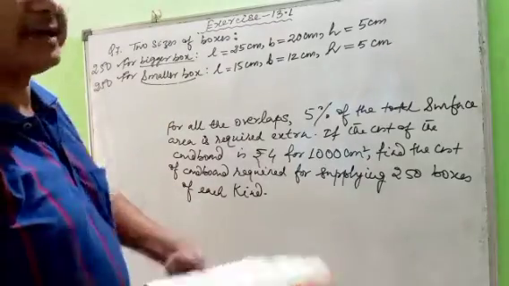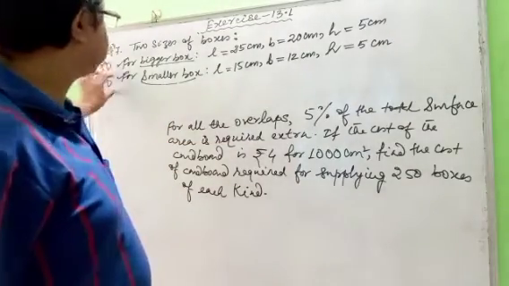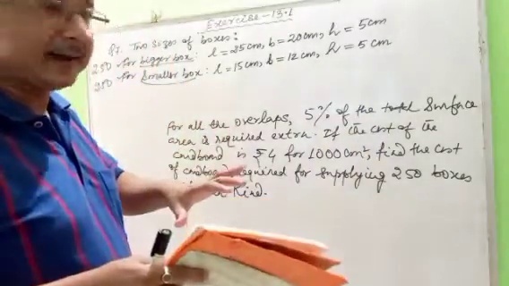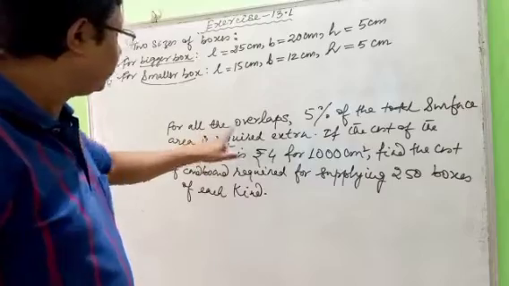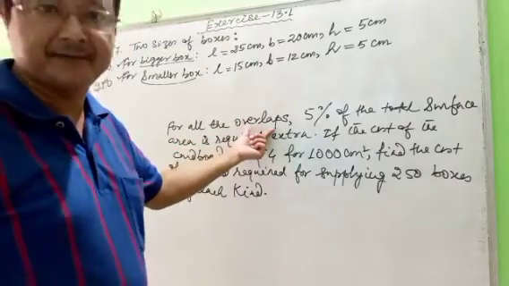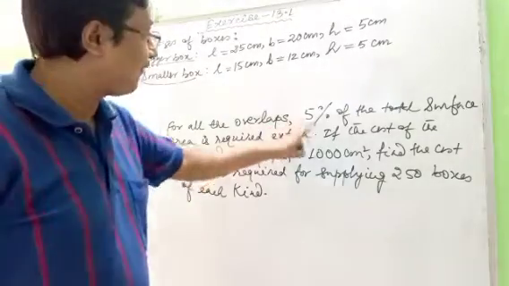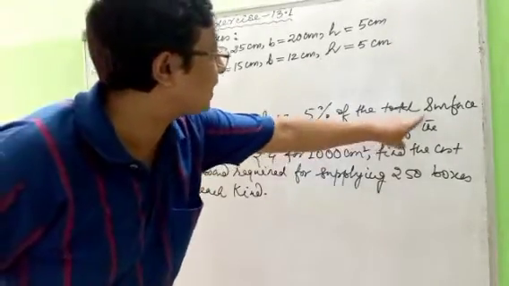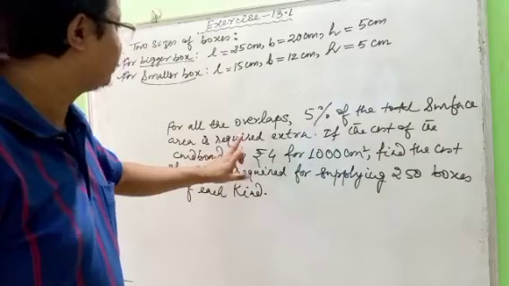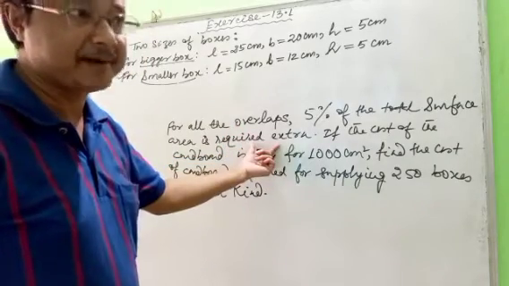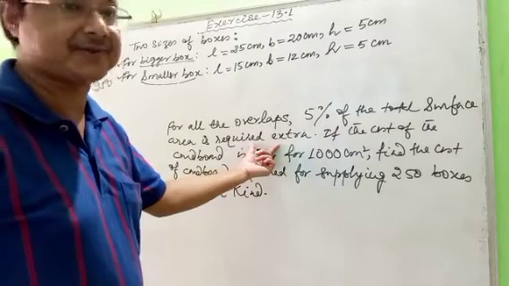Then you are going to add all these 250 boxes of both the kinds, their total area, and from there, for all the overlappings, that is the extra coverage, extra cardboard, 5% of the total surface area is required extra. So they will need 5% area of the cardboard extra.